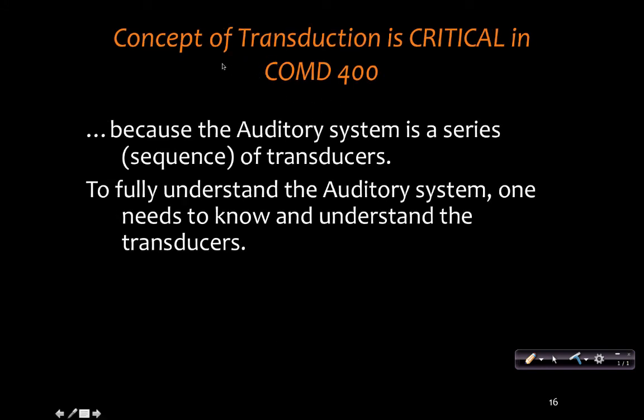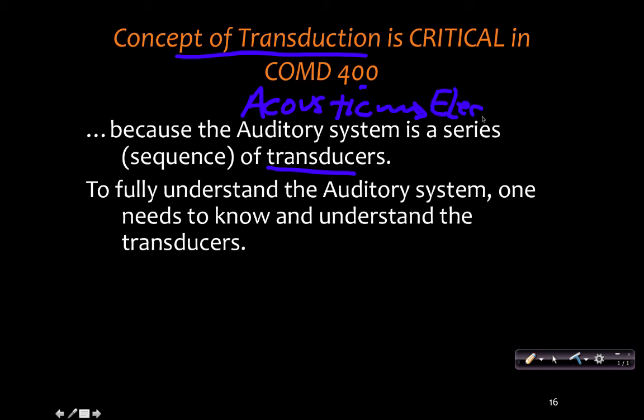So this concept of transduction is really critical. Remember that energy in the world is acoustic energy, is sound, and somehow that's got to get converted into an electrical signal so that your brain can process it and understand it.